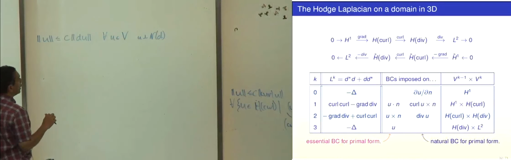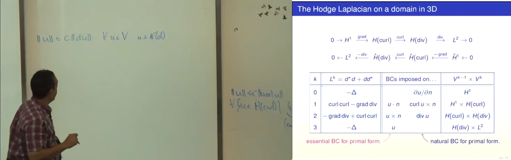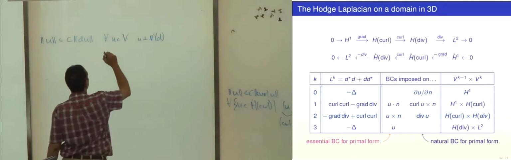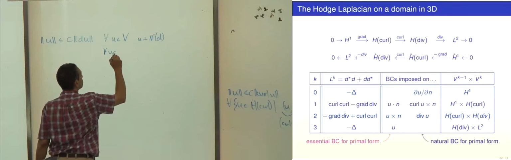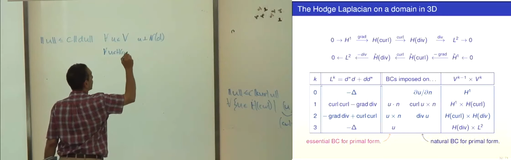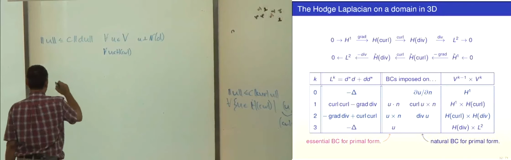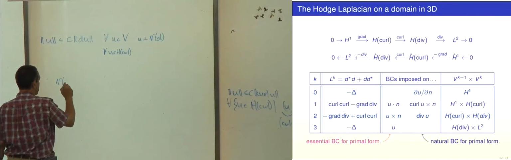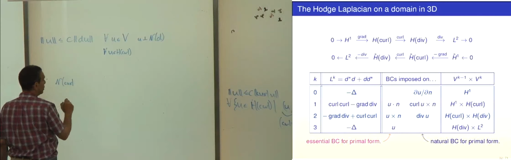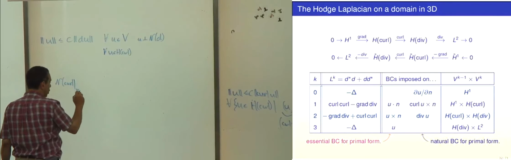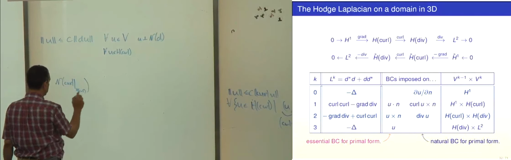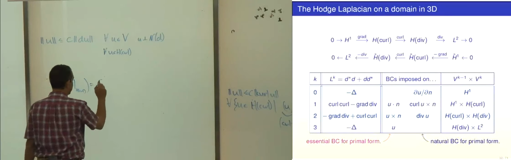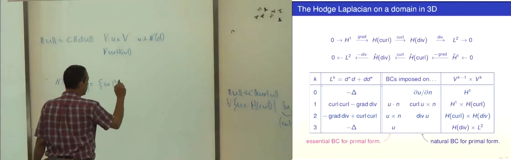So now we're going to take the case of one form. So this is H curl. And the null space of the curl operator with domain H curl, that's what it is. It's the set of V in L2 such that curl V equals 0.